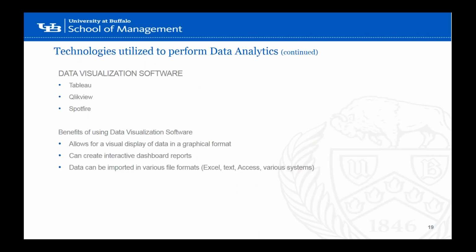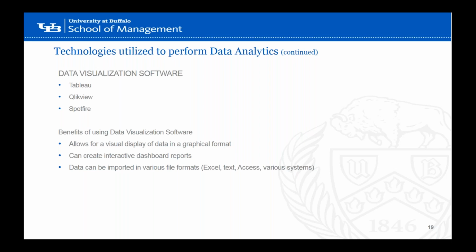Data visualization software, some common ones that we see out there in industry: Tableau, QlikView, or Spotfire. This is where we are taking the data and turning it into something visual, a graphical format. It's very easy to create interactive dashboards, where you might have multiple graphs in one display.